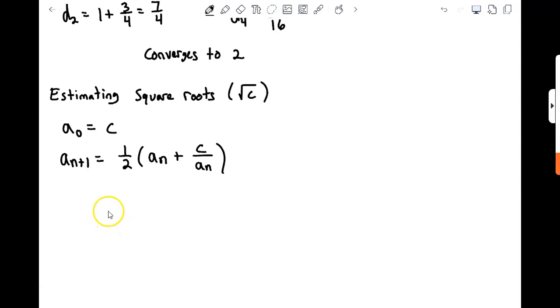Okay, so the next thing we want to look at here is a recurrence relation that will let us estimate a square root, and it actually gets to the result pretty quickly. Of course, nowadays we have technology that just computes stuff for us.